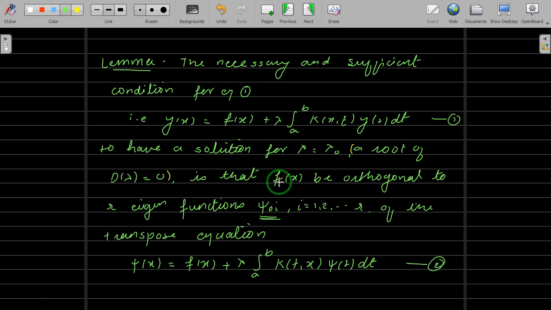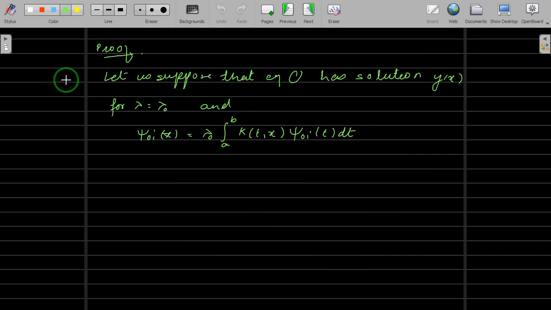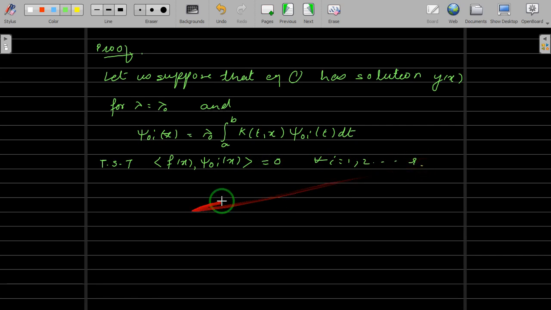You have to show that f(x) is orthogonal to the r eigenfunctions ψ0i(x). So to show that the inner product of f(x) with ψ0i(x) is 0 for all i from 1 up to r.